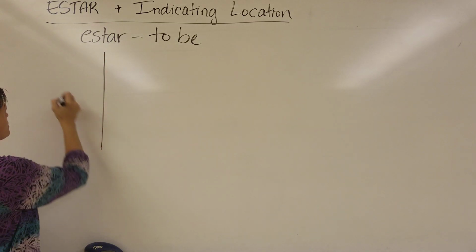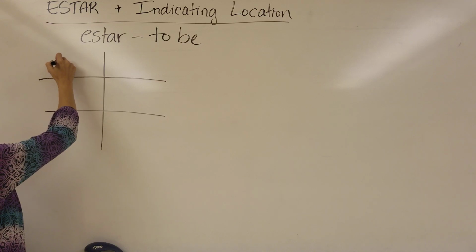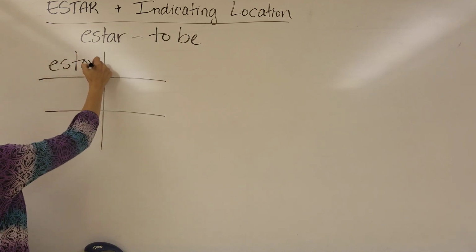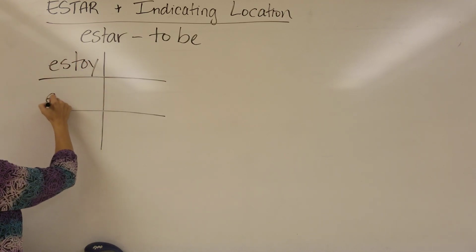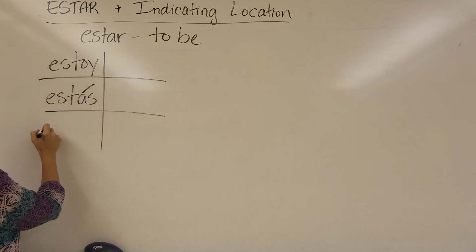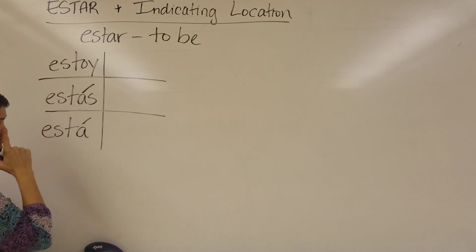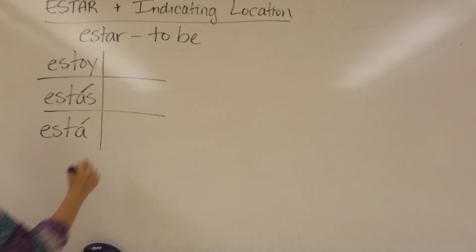This is how we conjugate the verb estar. If you want to say I am, we'd say yo estoy. You are, es tú, estás. And we need an accent on the A. He or she is in a location, él or ella está.